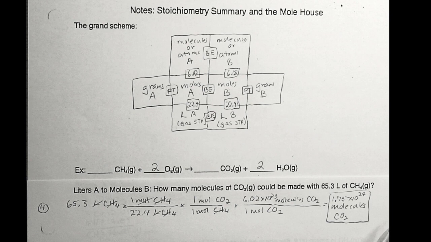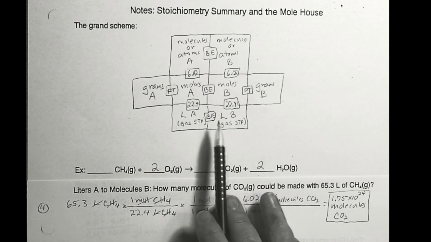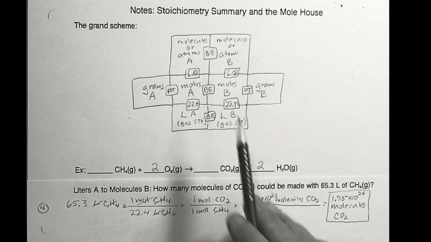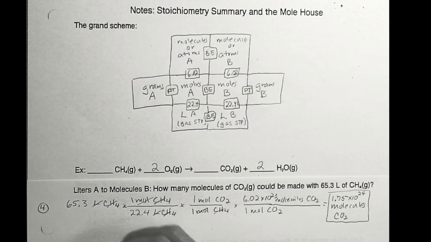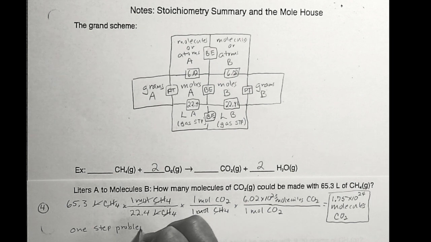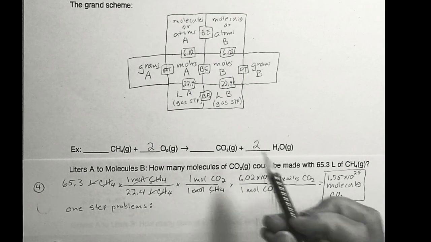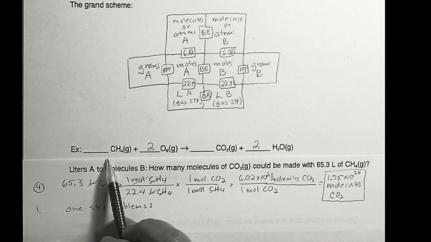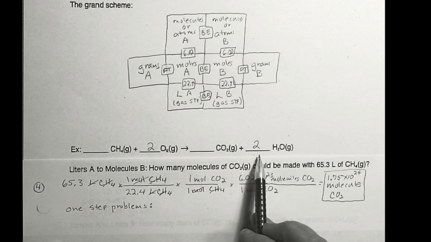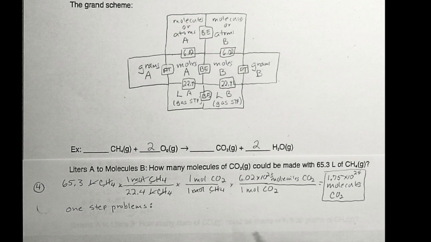Now there's one other kind of problem I want to show you that's a really simple one. And that's just going from one room of the house to the other if they're connected by the balanced equation. We call these one-step problems. And here's an example. Let's say I had 10 liters of CH4 and I wanted to know how many liters of H2O I could make with that.